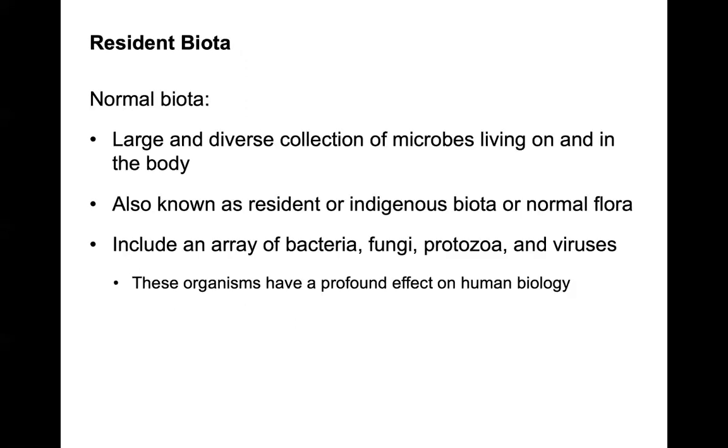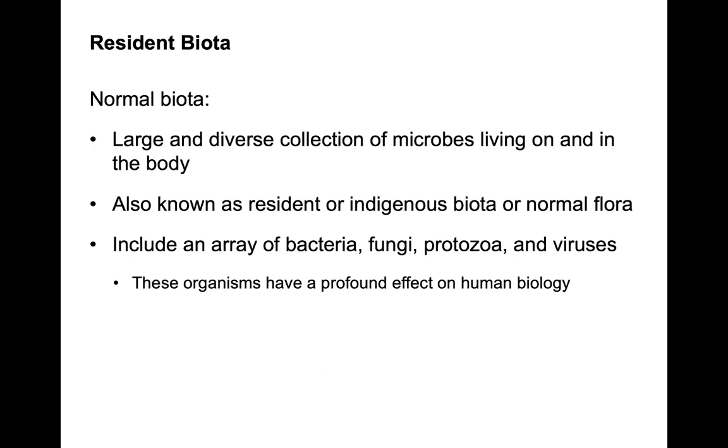Now we have what's referred to as microbiome, resident biota, normal biota, has many different descriptive terms. This is the large and diverse collection of microbes that live on and in the body. It is also known as resident or indigenous biota or normal flora, or as I just mentioned, microbiome, a term you've heard me use throughout the course.